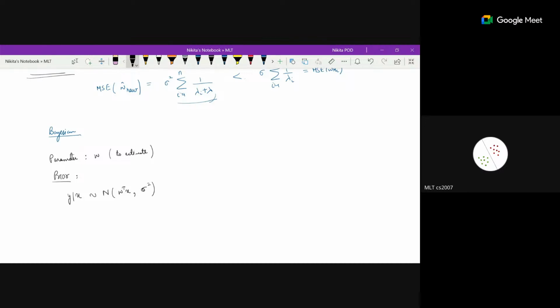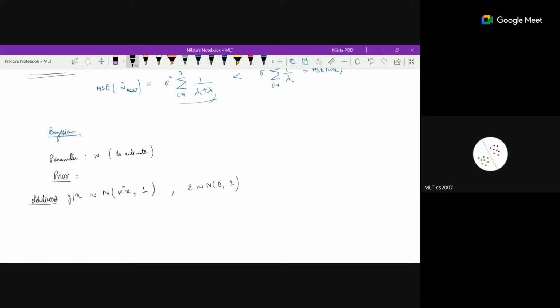So for simplicity, writing this means my epsilon follows a normal distribution with mean 0 and variance sigma square. Just to simplify the calculation, we are going to assume sigma square to be 1. Now this is something that we know. This is a likelihood basically. This is my likelihood.